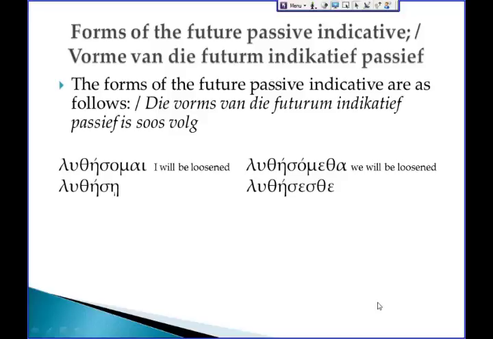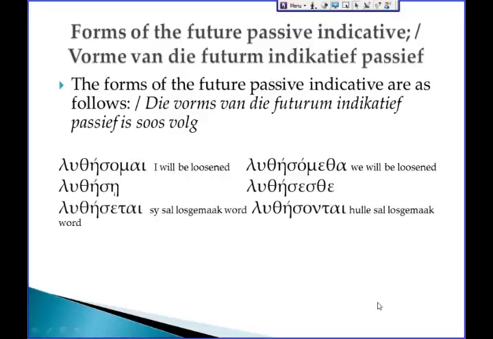But then, with the future, let's go back to the future indicative active. What are the traits? We have seen luso, okay, and then lu, seis, you remember them, and then lu, sei, lu, somen, lu, sete, and then lu, sousin.